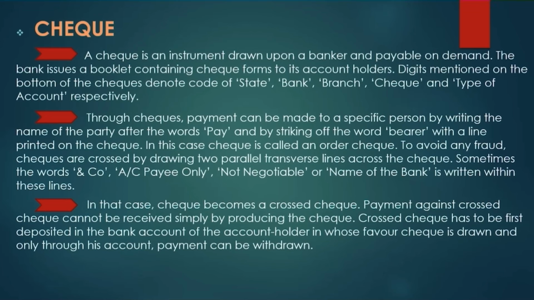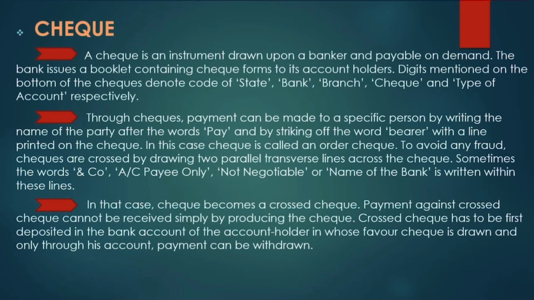Next, check. A check is an instrument drawn upon a banker and payable on demand. The bank issues a booklet containing checks to its account holders. Digits mentioned on the bottom of the checks denote code of state, bank, branch, check and type of account respectively.